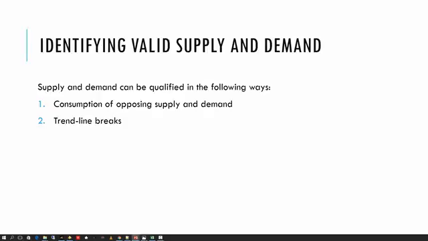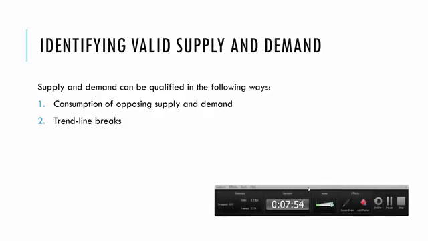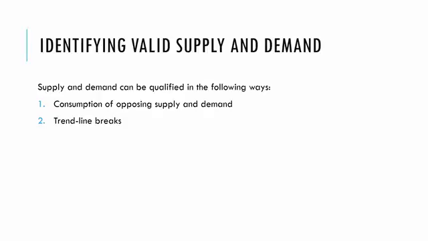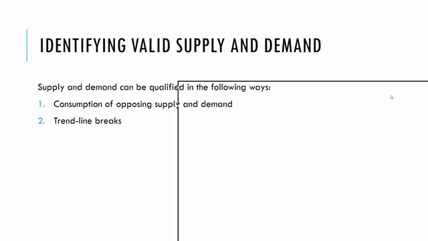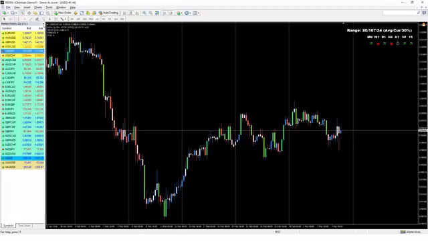I would like to have a quick look at how this might work on a chart. Let me move my chart over here so we can see what's going on.